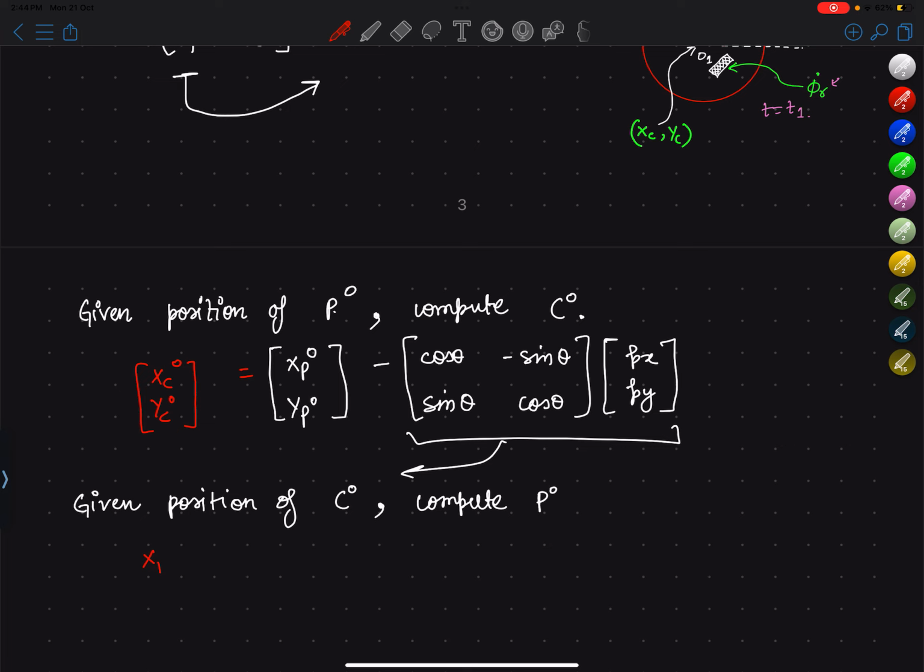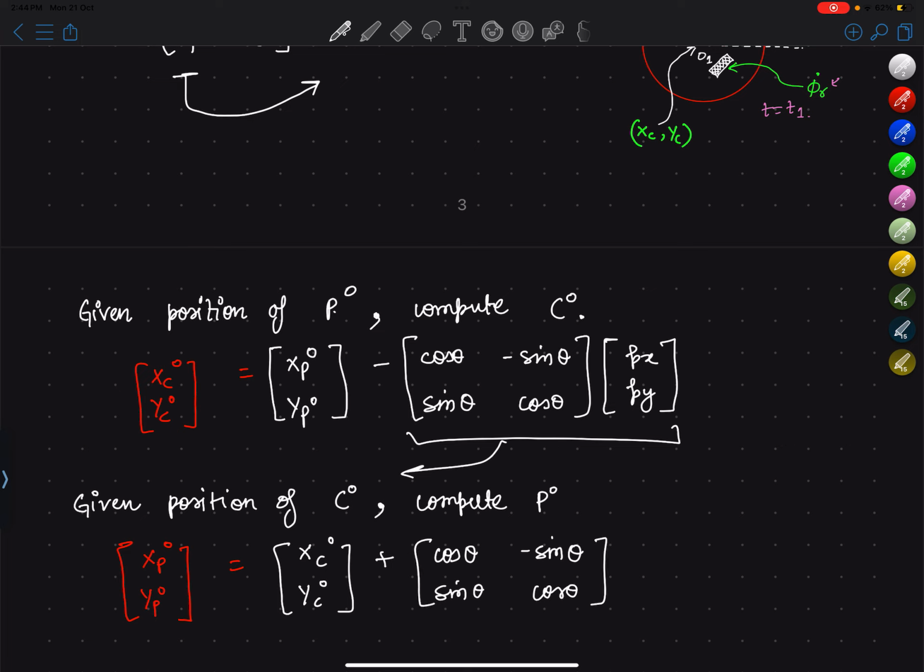So xp naught, yp naught can be given as xc naught, yc naught plus cos theta, minus sin theta, sin theta, cos theta, and px py. Notice the sign has changed. So this is the relation.